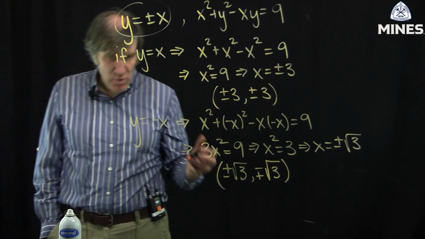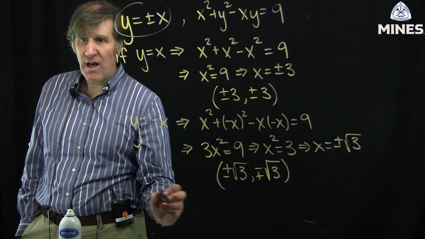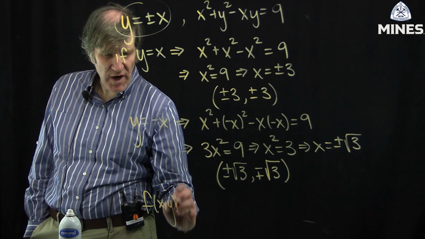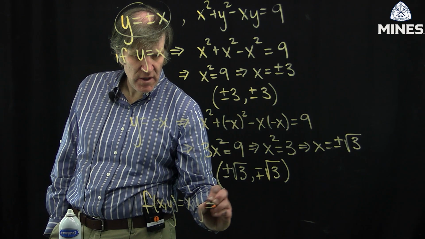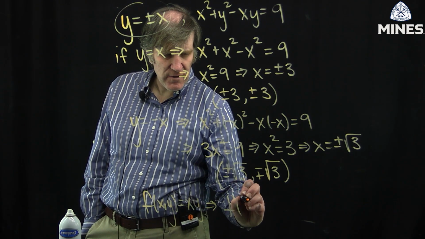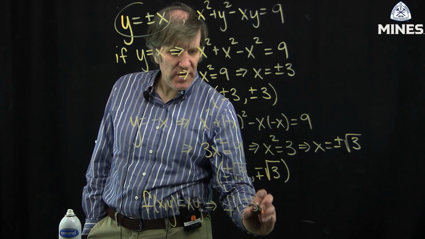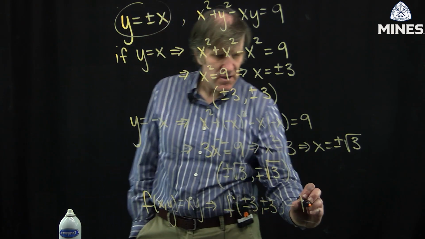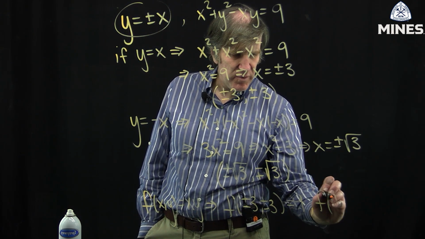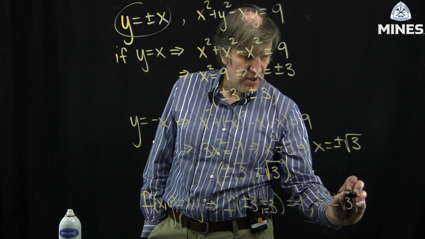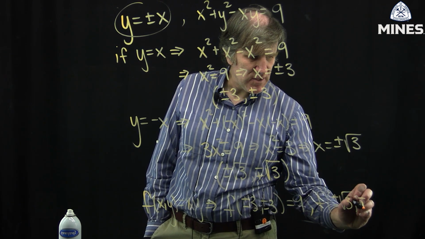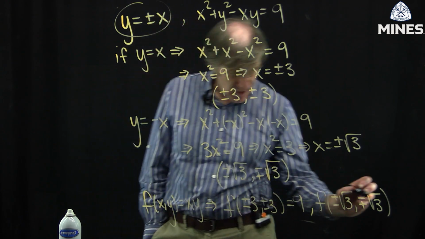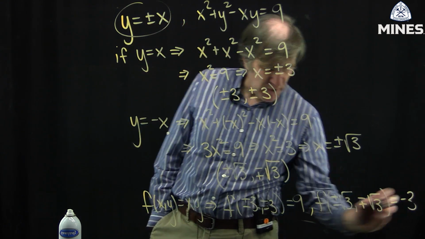To find out what we actually have, we finally end by looking at the surface. Remember, the surface is f of x, y equals x times y. So f of plus or minus 3 comma plus or minus 3 is equal to 9. And f of plus or minus square root of 3 comma minus plus square root of 3 is equal to negative 3.